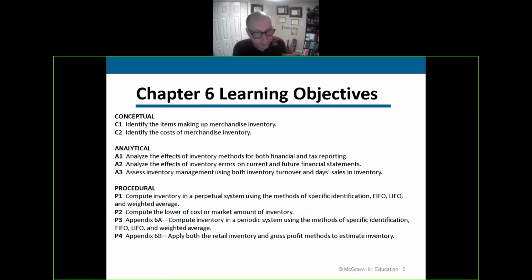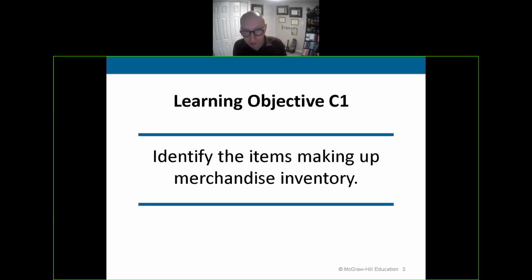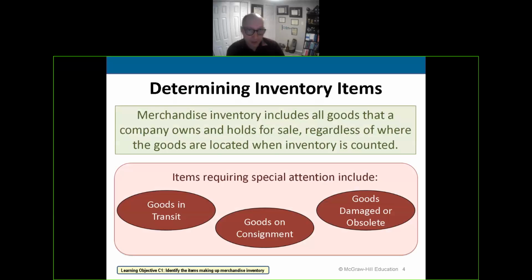So let's talk about cost of inventory and the value of inventory, which is really what we're going to be talking about in this discussion. Earlier I had mentioned that the cost of inventory is not just the purchase price.